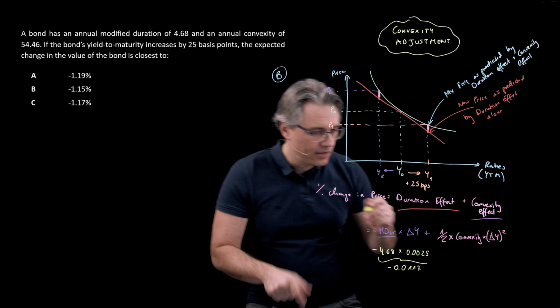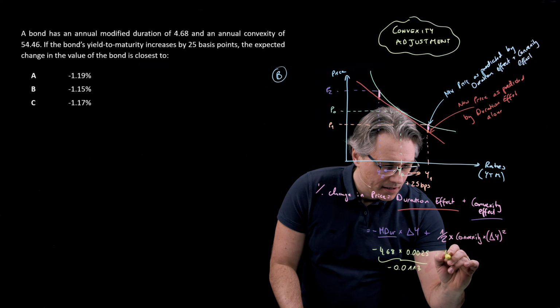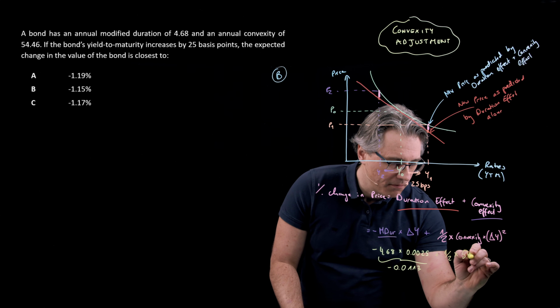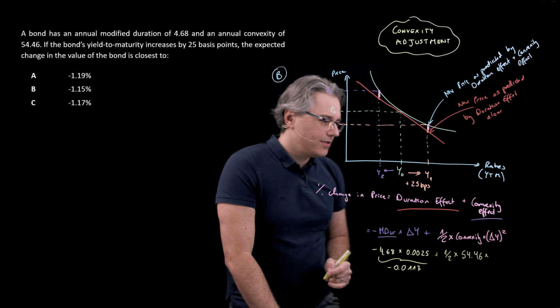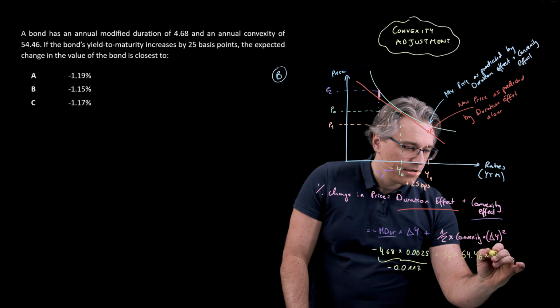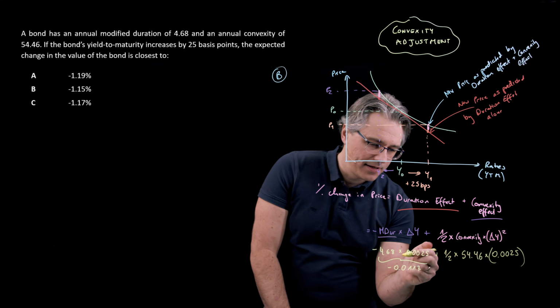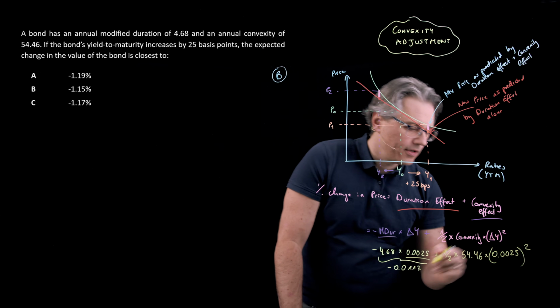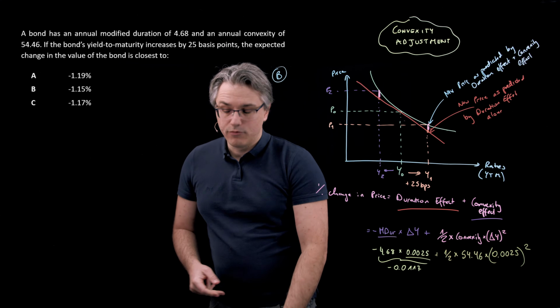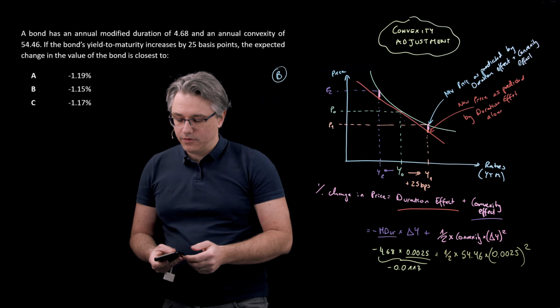So the convexity parameter is 54.46 in this question, so I'm doing plus half of 54.46 times the change in yield, which was 0.0025. So this is the same number as over here. And obviously I'm going to square this, and let's see what we get on the calculator.